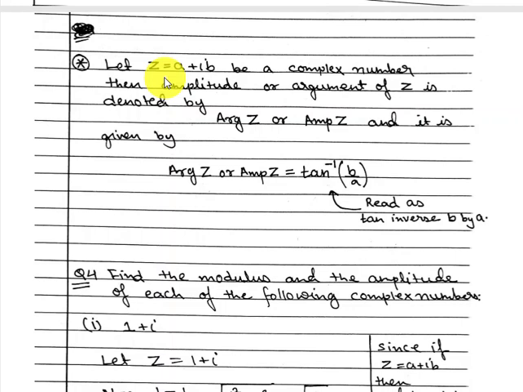So this is a complex number, and suppose I want the amplitude of this complex number. You write it as arg z, which means argument of complex number z, or amp z, that means amplitude of complex number z.